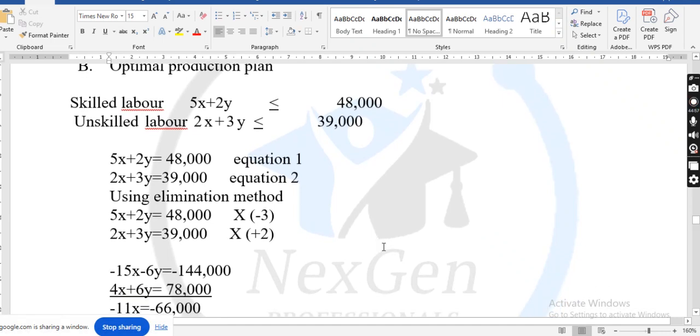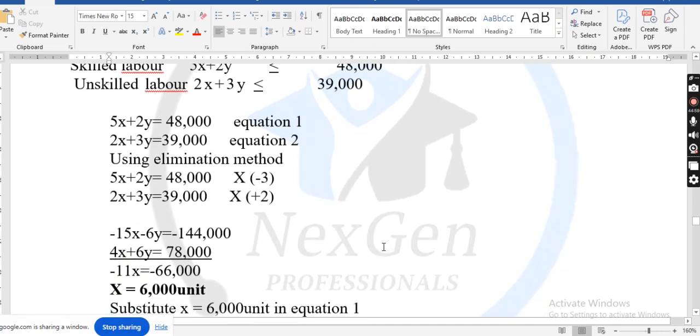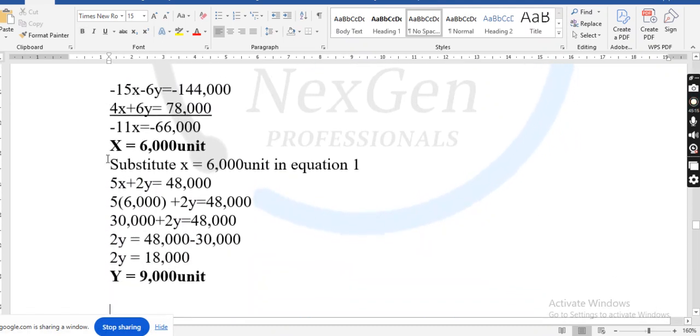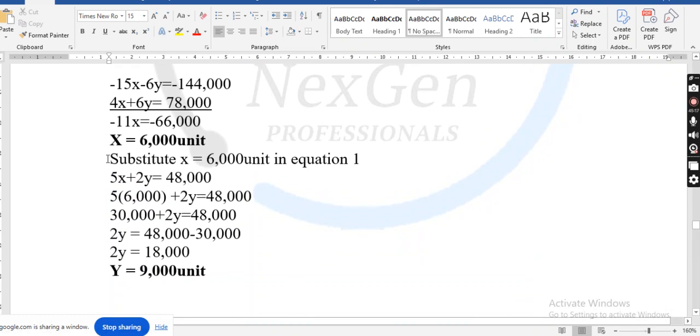Ask yourself, which method are you using, elimination or substitution? You multiply it so that you have the same variable. You can see that we have minus 6y and plus 6y. From there, we have x, we substitute, we have y. Right, class? This is our production plan, but it is not over yet.